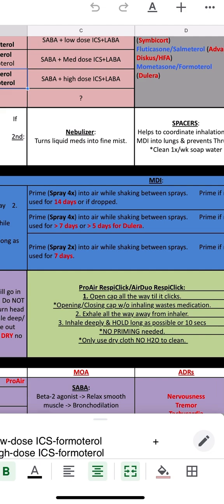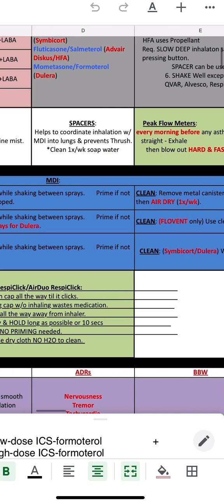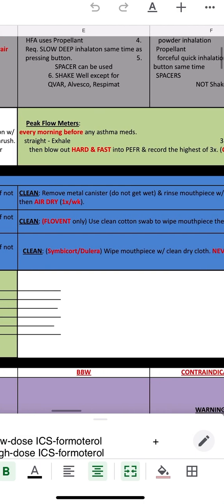Nebulizer turns liquid meds into fine mist. Spacer helps to coordinate inhalation with an MDI, or metered-dose inhaler, into the lungs and prevents thrush. Clean once a week with soap and water. Peak flow meters, you can use every morning before any asthma medications.